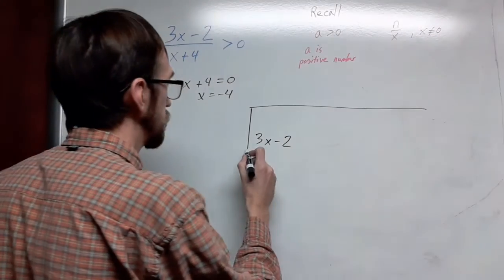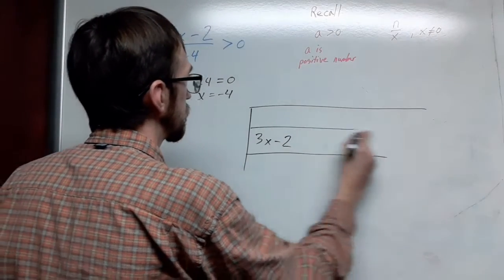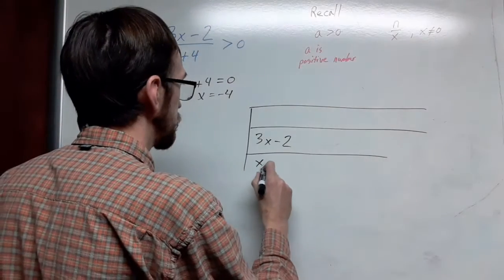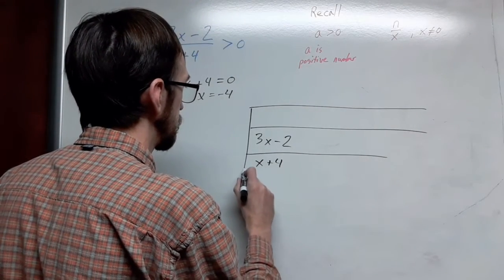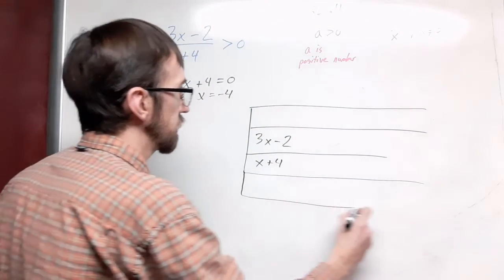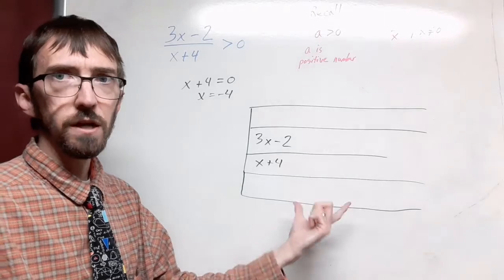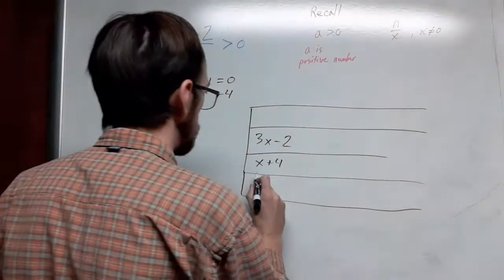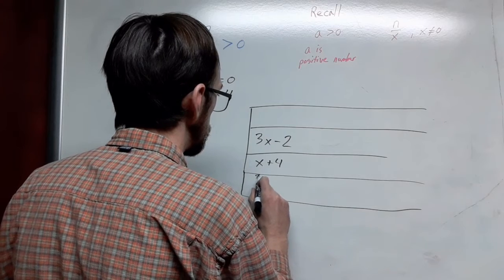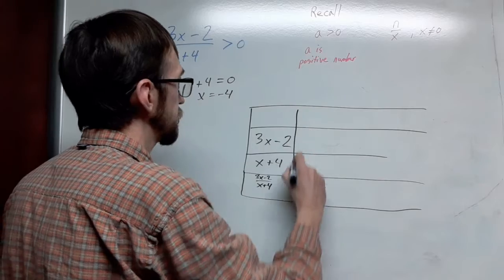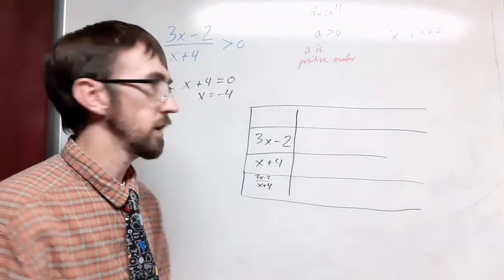That's going to go in my chart. And then x plus 4 is going to go in my chart also. And then for the bottom, this is kind of like my quotient line. It's going to be the whole fraction. So this is my entire left-hand column.